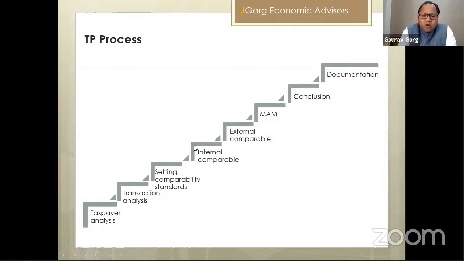Now, when we are working on internal comparables and external comparables based on the comparability standards that we have set, we need to choose the most appropriate method. When it comes to the most appropriate method, we have price-based methods and we have profit-based methods. The comparability standards for both vary.